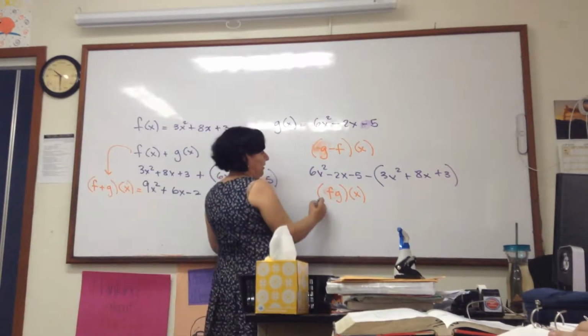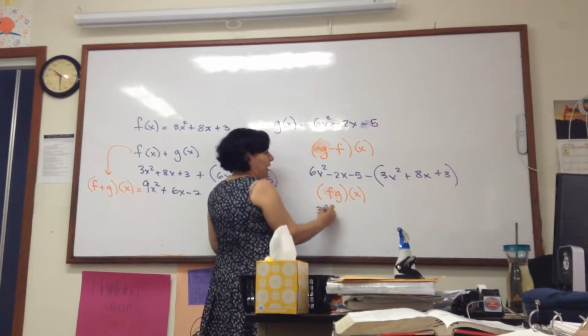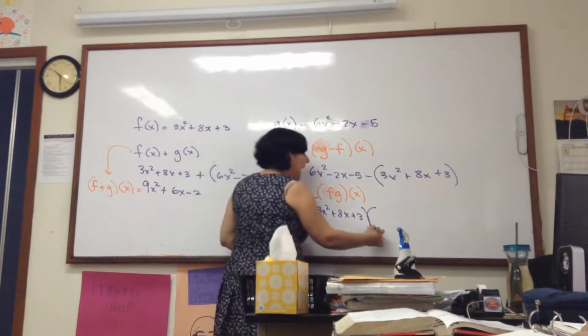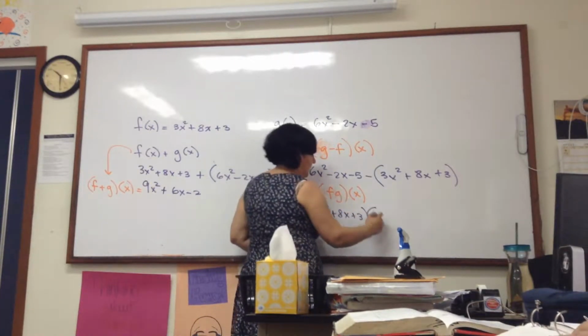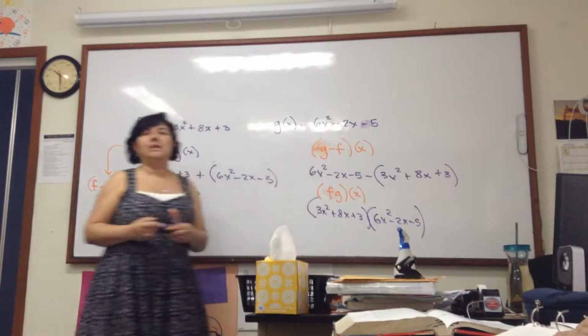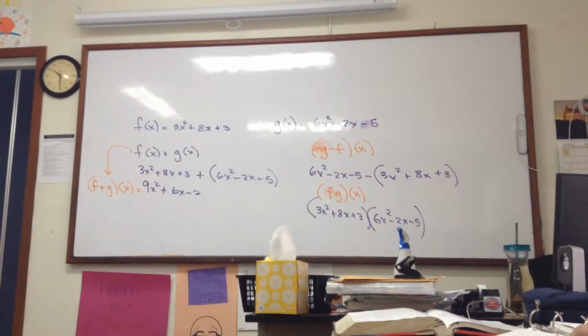So you would have 3x squared plus 8x plus 3, distribute times the other one, 6x squared minus 2x minus 3. And then you go nuts multiplying and you get the answer. So that is the whole lesson. Can you believe how simple that was?